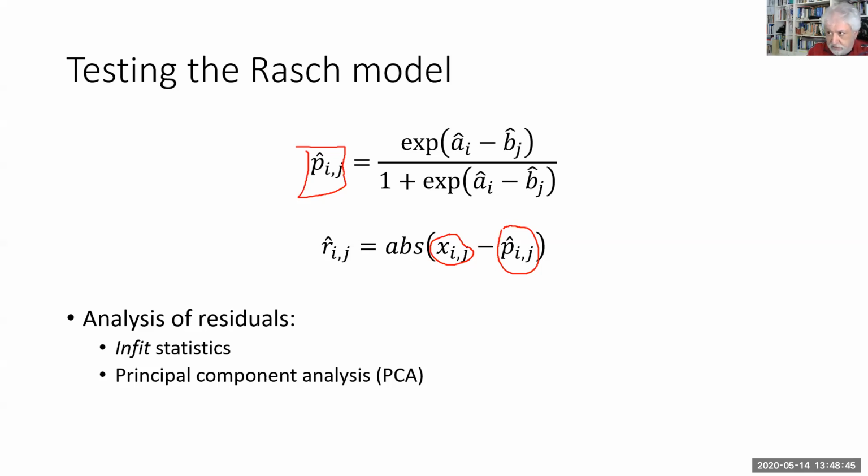But let's go back to the question of, do you understand now what this residual is? It is an estimation of how big the measurement error is, for each data point, for each question, for each respondent to each item. By analyzing these residuals, you can create statistics and tests. One very important one is the in-fit statistics.